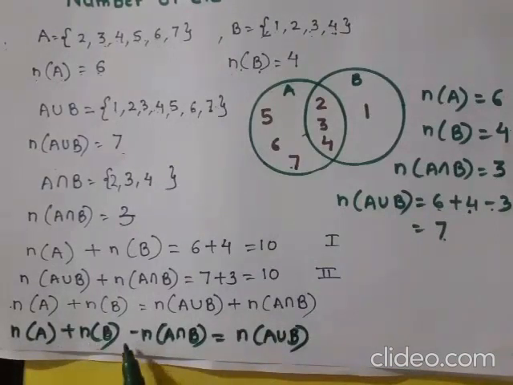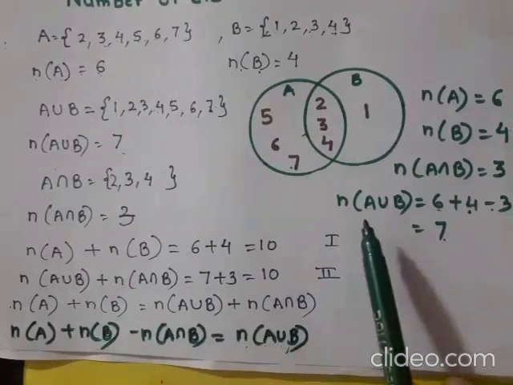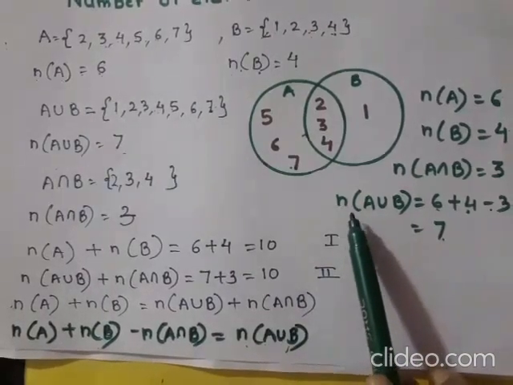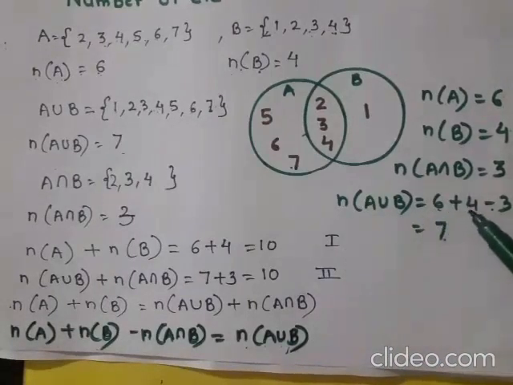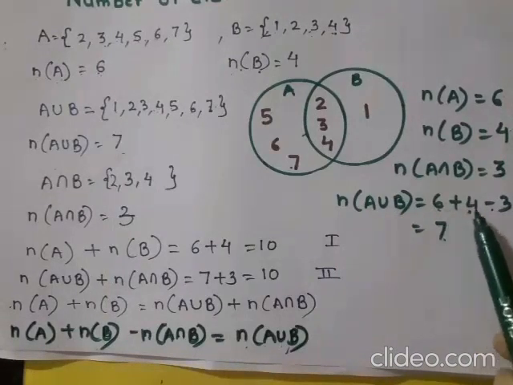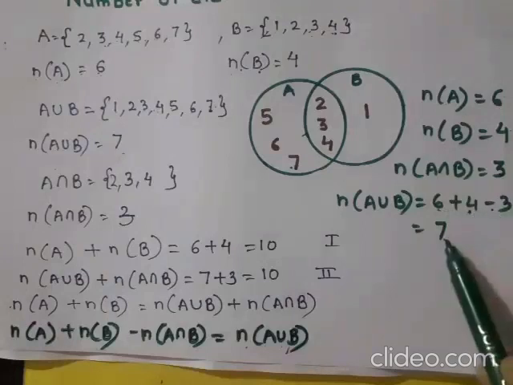Now, according to this formula, the number of elements in set A plus the number of elements in set B minus the number of elements in set A intersection B is equal to the number of elements in set A union B. So we will get the number of elements in set A union B is equal to 6 plus 4 minus 3. 6 plus 4 is 10, and 10 minus 3 is 7.